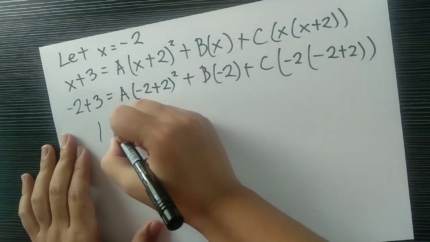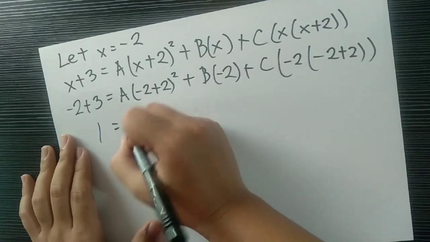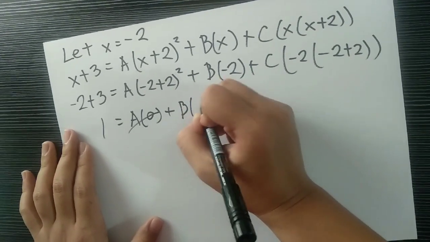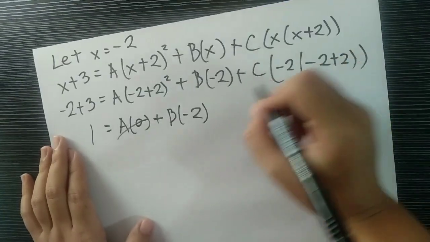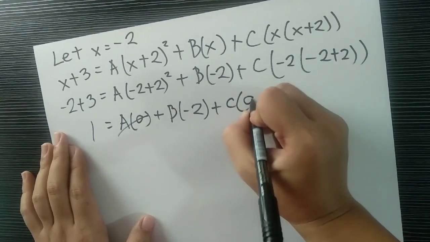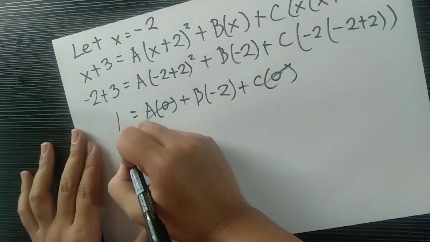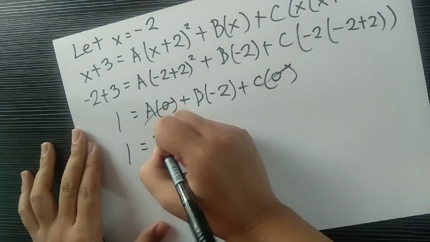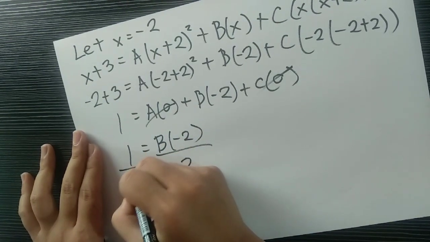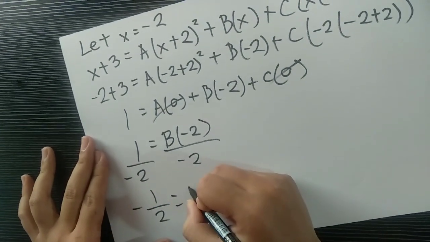So we have 1 is equal to, since negative 2 + 2 is 0, A times 0 is cancelled out. We have B times negative 2, and 0 times negative 2 is 0, so C's term is cancelled out. So we have 1 equals B times negative 2, divided by negative 2. So we have negative 1/2 as the value of B.